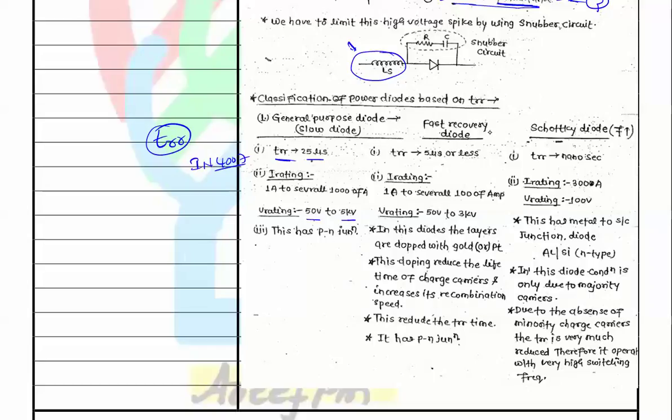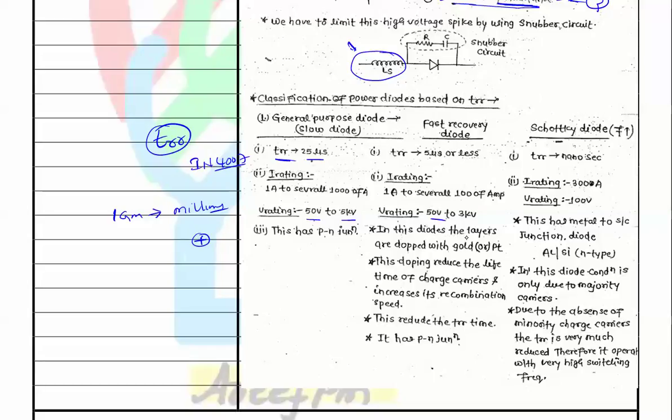Next, fast recovery diodes. In fast recovery diodes we will use gold. You can ask a question, sir, gold per gram is high cost, no? But with 1 gram of gold we can make millions of diodes. The gold makes the immobile charge carriers more, so that it recovers fast. The voltage rating is from 50 volts to 3 kilovolts.